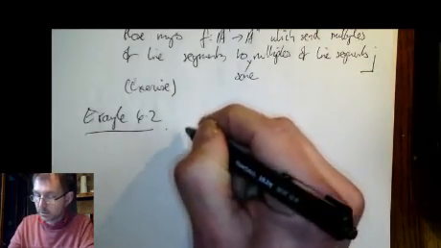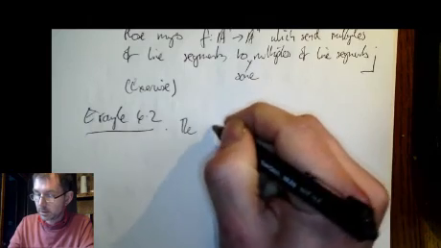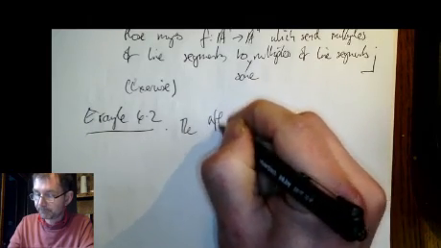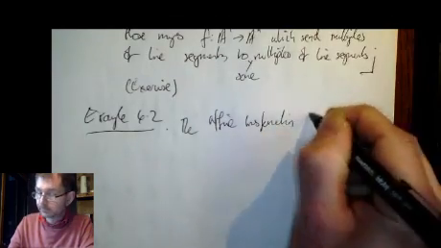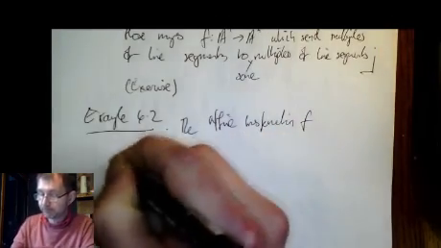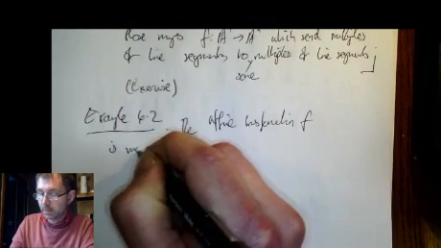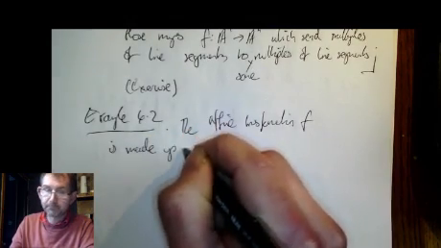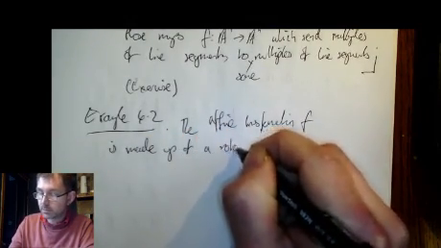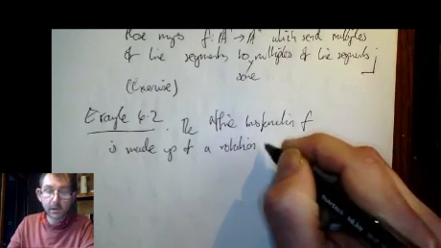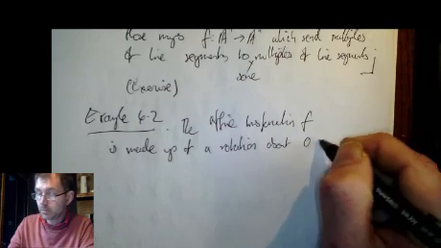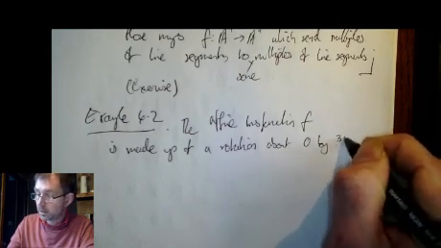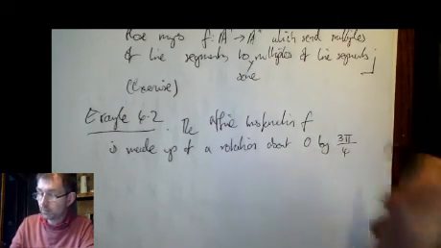So we'll take the affine transformation F, which is made up of a rotation about the origin O by 3 pi over 4 radians.